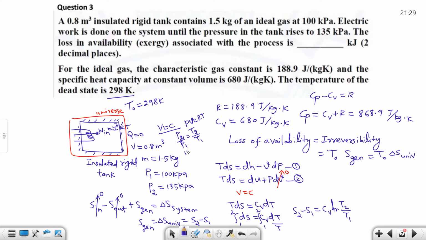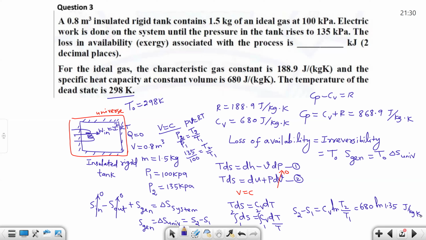That is 135 by 100, which is 1.35. CV you are given as 680 times ln 1.35. This will be in joule per kilogram Kelvin.